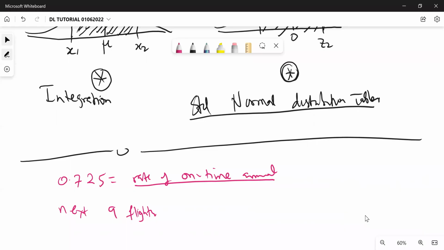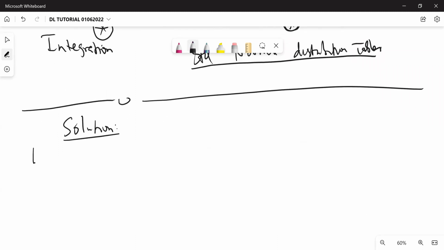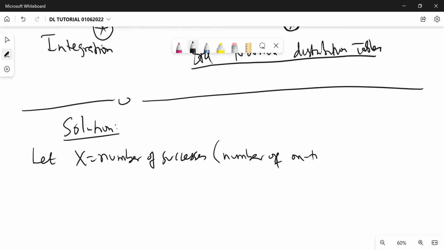Okay, so solution, let's answer that question. We have to define our variable of interest, which we are calling x. So let x be the number of successes, and in this case, the number of on-time arrivals.